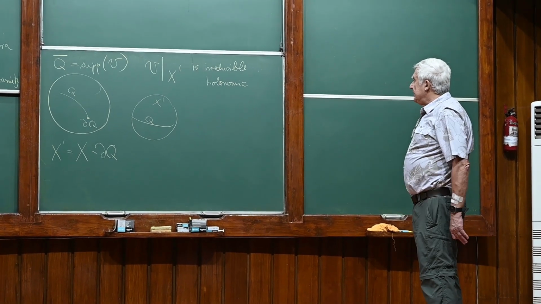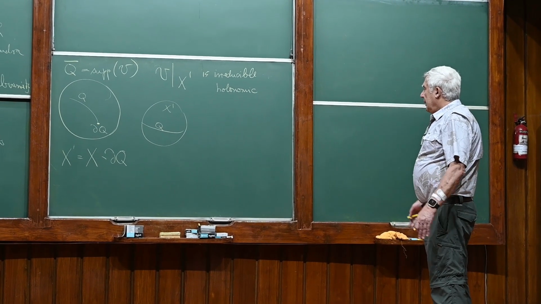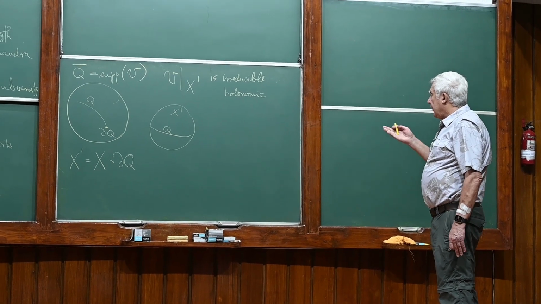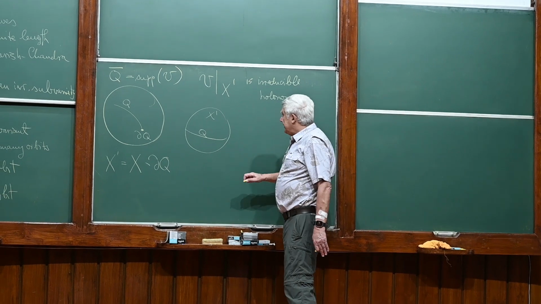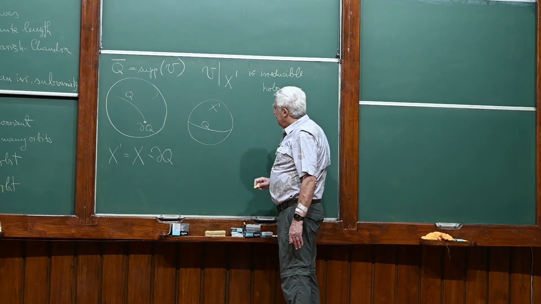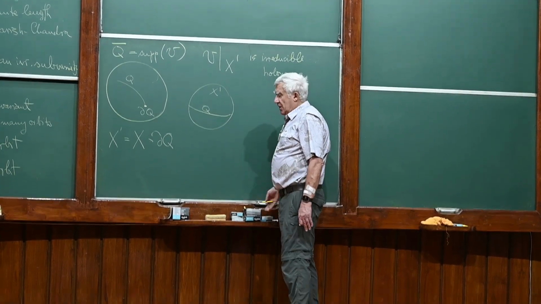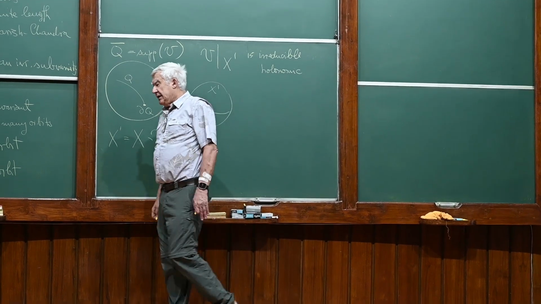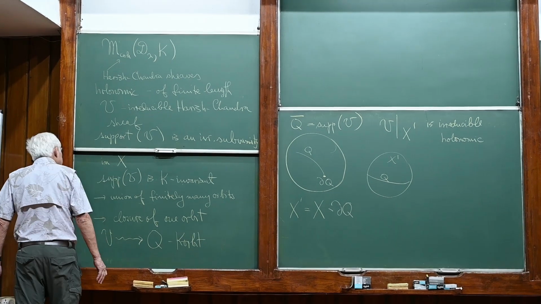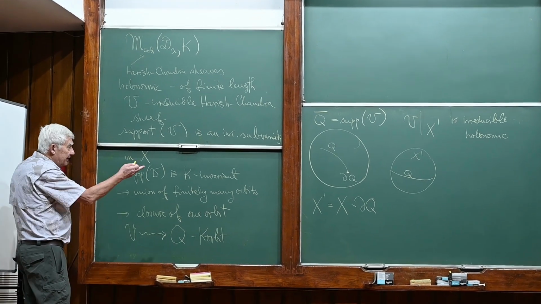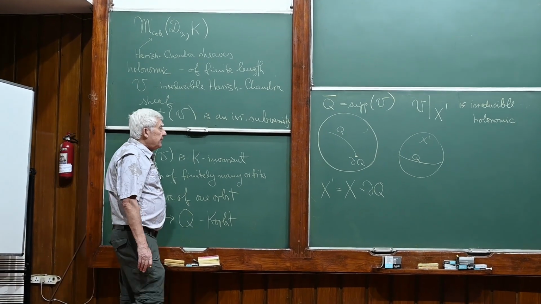So now there is a construction of direct image in the category of D modules, which is quite subtle in general for arbitrary morphisms of varieties, but in this case, it's very simple.